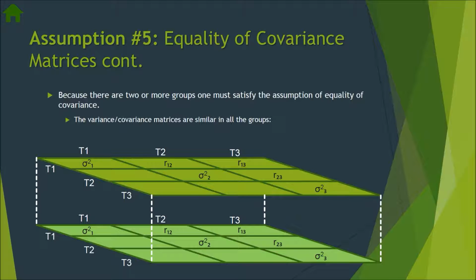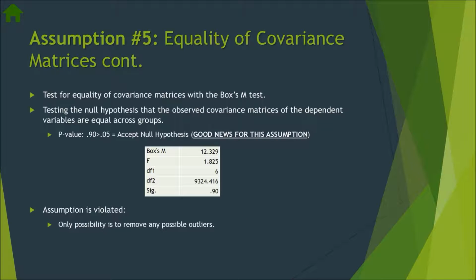And on the next slide, I'll discuss how we test for this in SPSS. The way that we test for this assumption is by the Box's M test in SPSS. Now the Box's M test is testing the null hypothesis that the observed covariance matrices of the dependent variables are equal across all of the groups.